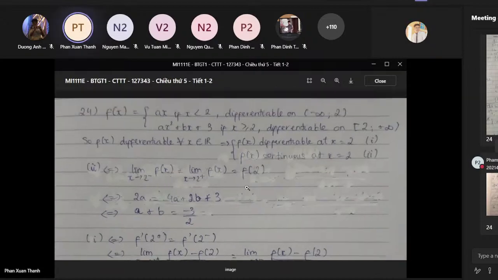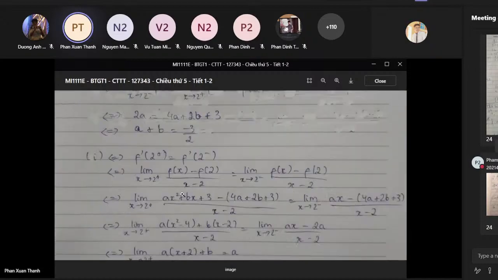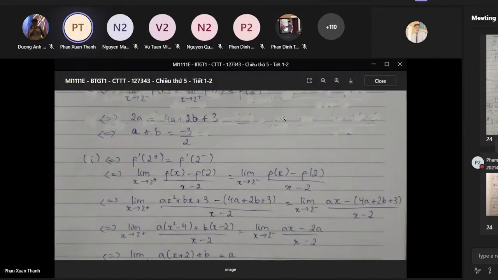That's number 2, so 2a equals 4a plus 2b plus 3. The second part is that the left hand derivative equals the right hand derivative at x equals 2. Okay, let me check this one.